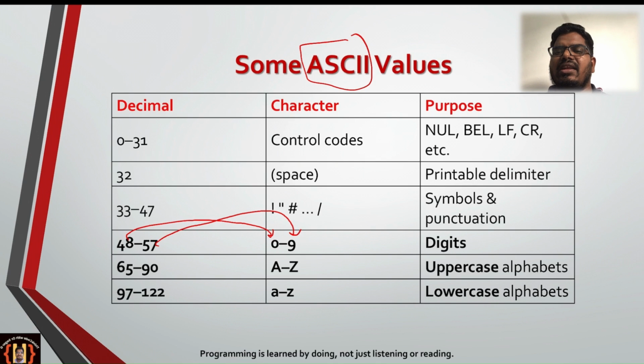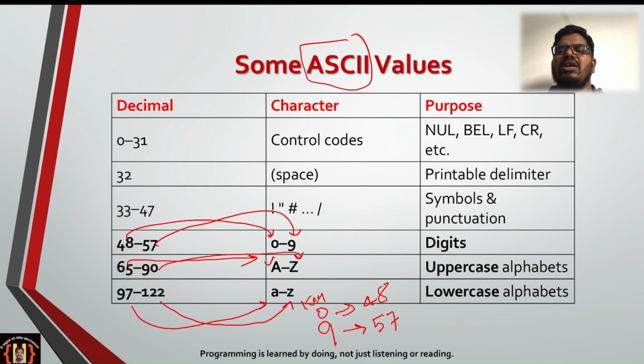So for character 9 on the keyboard, there is a corresponding decimal value, 57. For character 0, it is 48. Similarly, for capital A it is 65, for capital Z it is 90, for small a it is 97, and 122 is for small z. So for all the characters on the keyboard, there is a corresponding decimal value.